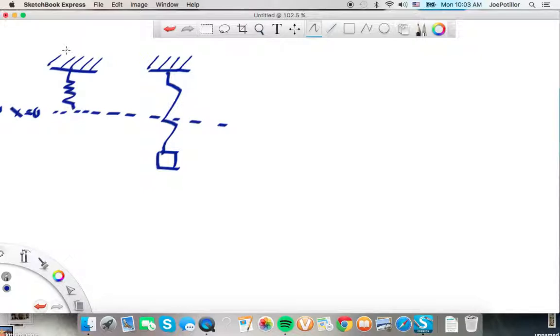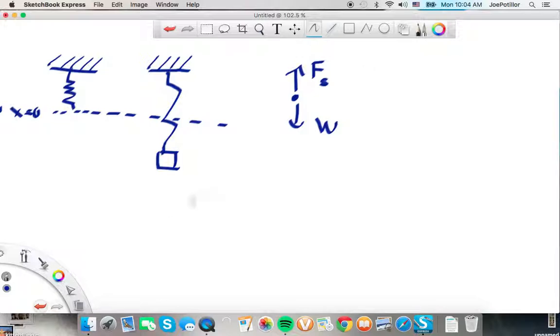At this point, if we draw the free body diagram, we have the force of the spring pointing up and the force of the weight going down.